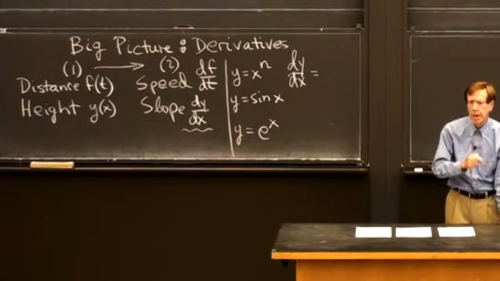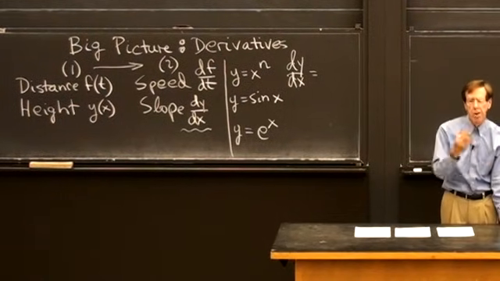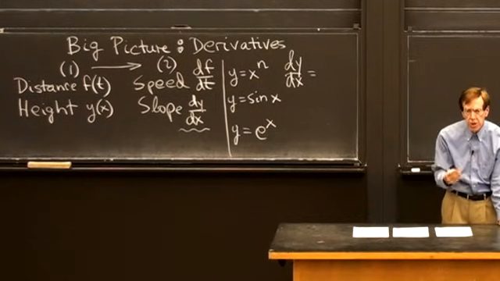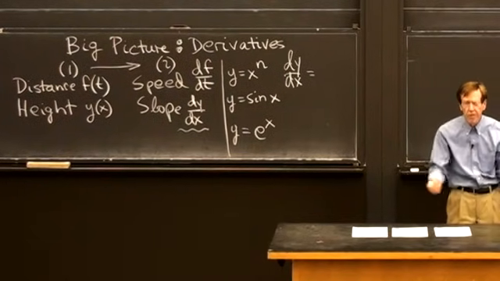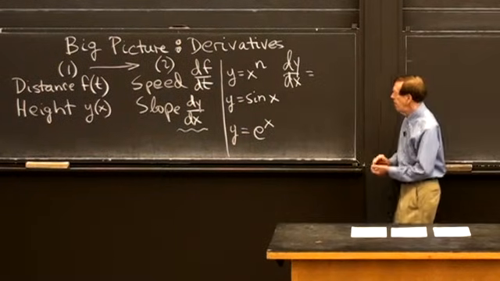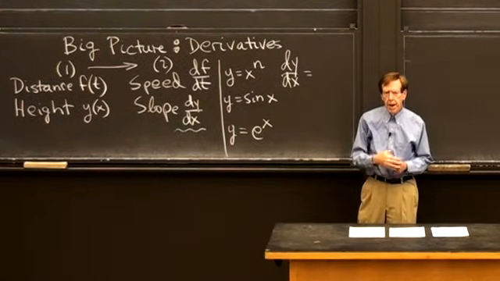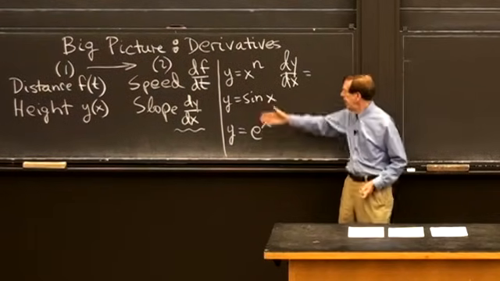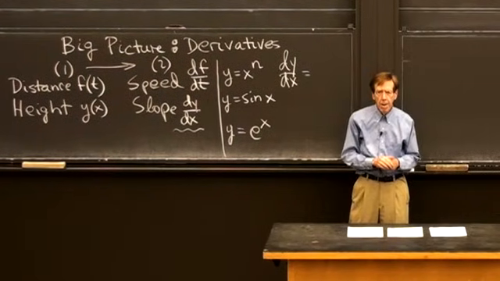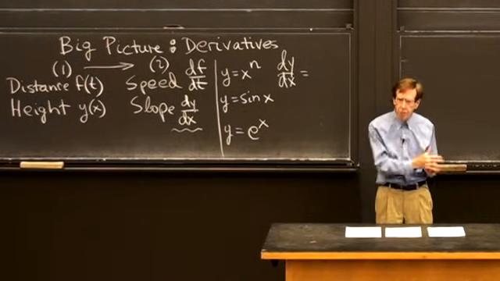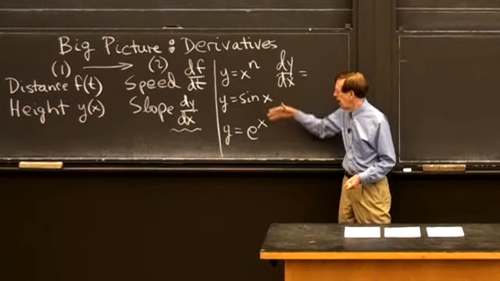And the point is that other functions of science, of engineering, of economics, of life, come from these functions by multiplying. I could multiply that times that. And then I need a product rule, the rule for the derivative, the slope of a product. I could divide that by that.